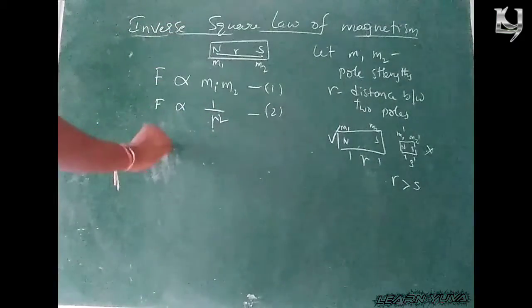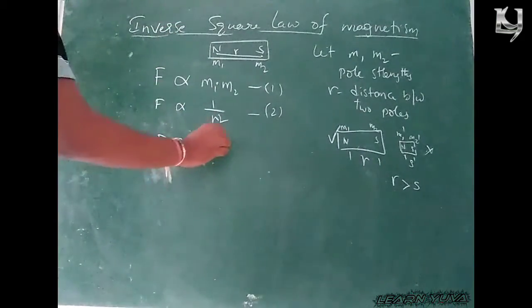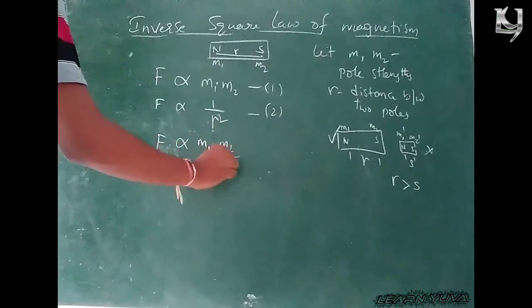From 1 and 2, I am writing F is directly proportional to M1 into M2 by R square.